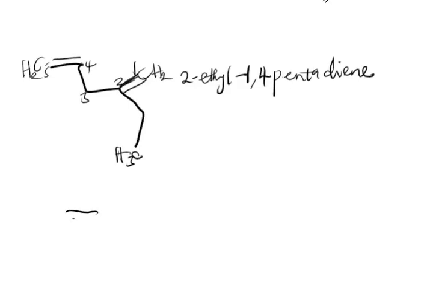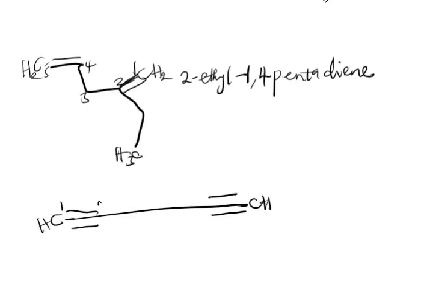Let's say I have a structure here having 3 bonds here and 3 bonds here. So this will simply be CH, and this will be CH. So this will be my carbon 1, this will be my carbon 2, this will be my carbon 3, and this will be my carbon 4. Alright, so if I want to name it, I have a triple bond at carbon 1, and I have a triple bond at carbon 3 again.